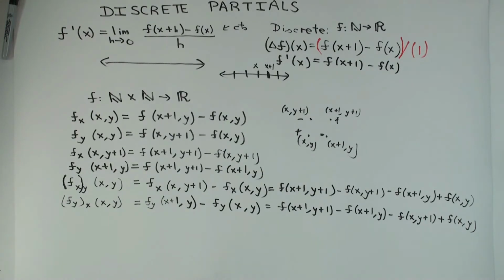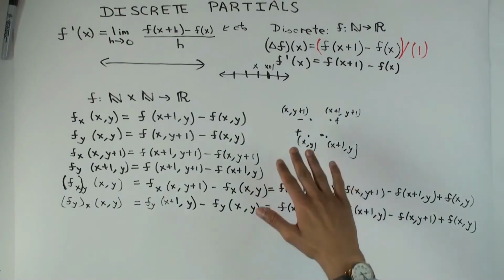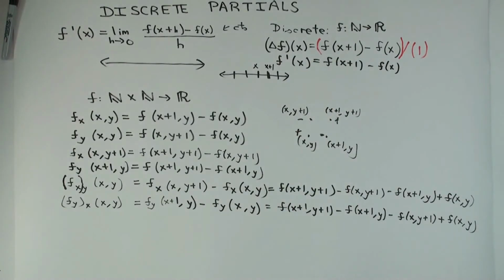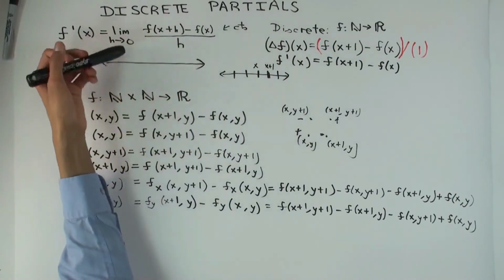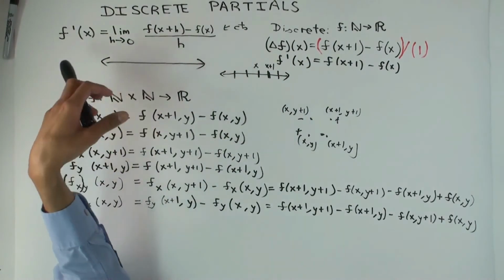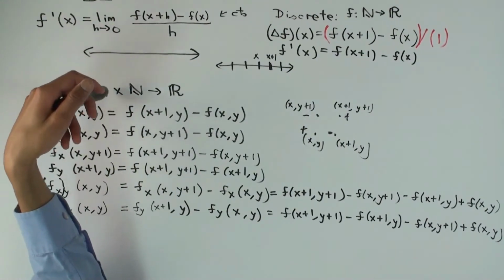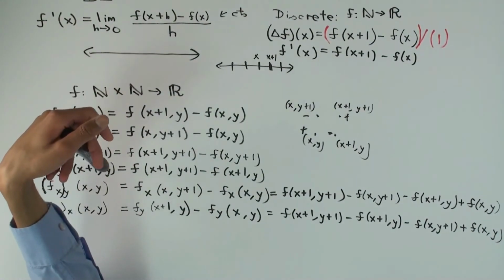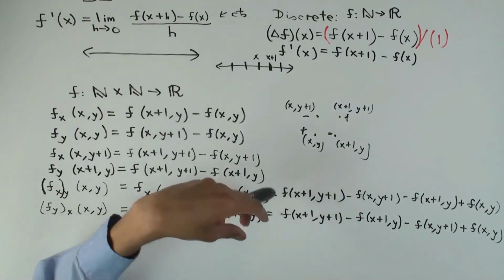Now, why is this important? This can help us understand more clearly all that about matching, negative matching and assortative matching. If your f is actually a continuous function and you just restricted it to the discrete case, then this discrete mixed partial is related to the continuous mixed partial.